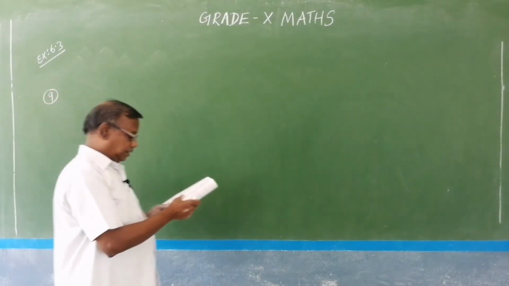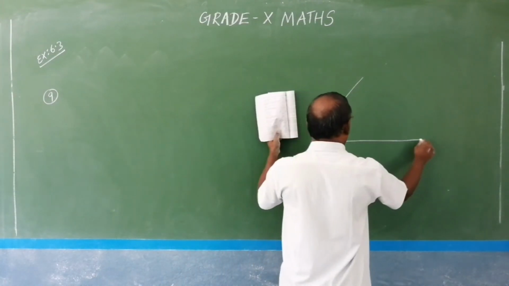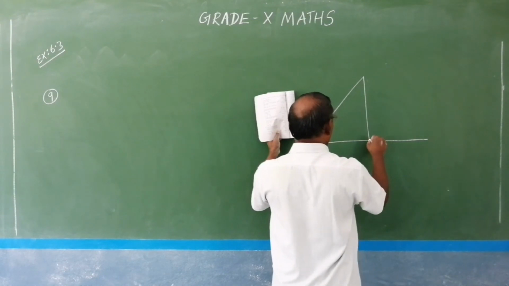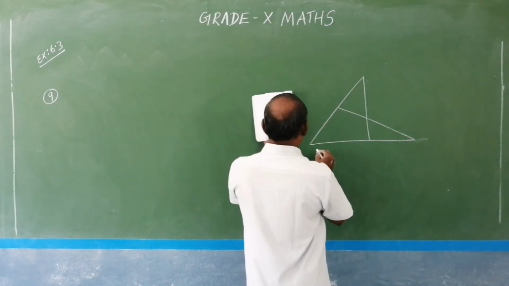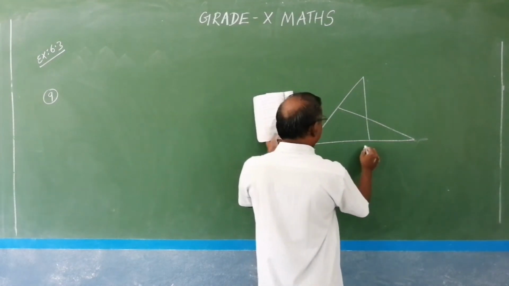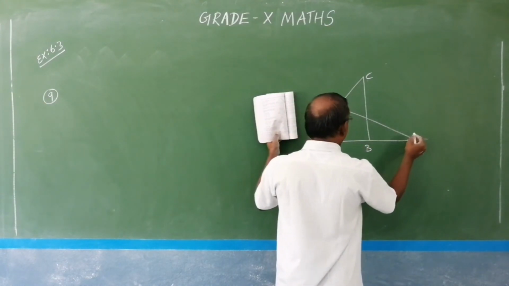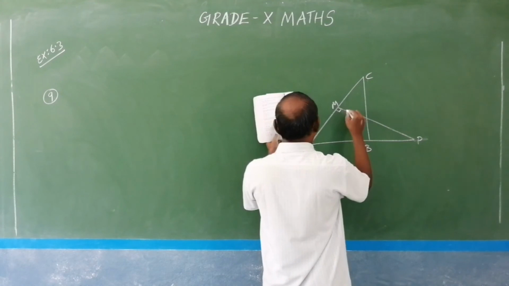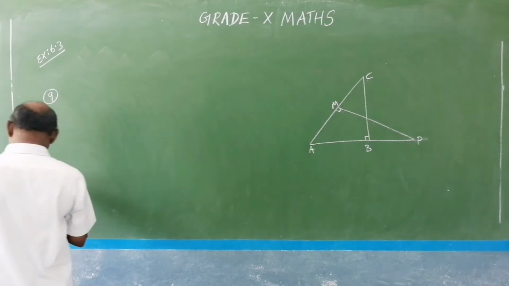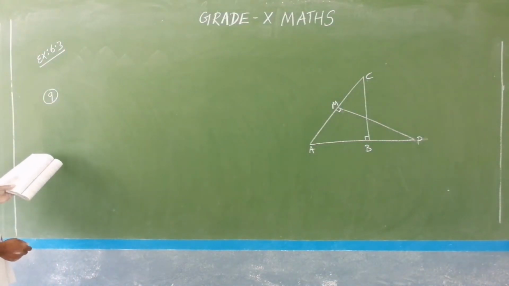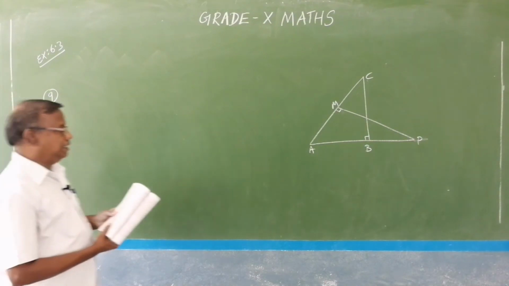In figure 6.39, let us draw 6.39. A, B, C, M, P. Here the angle is 90 degrees, this is also 90 degrees.